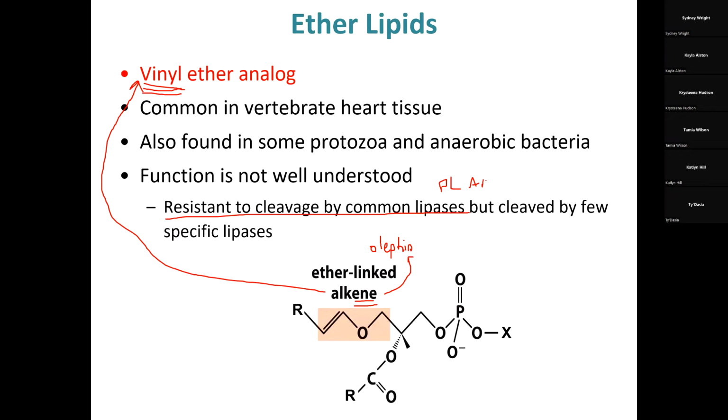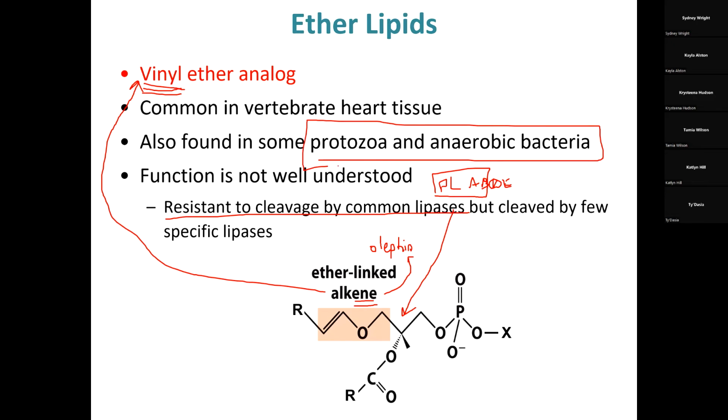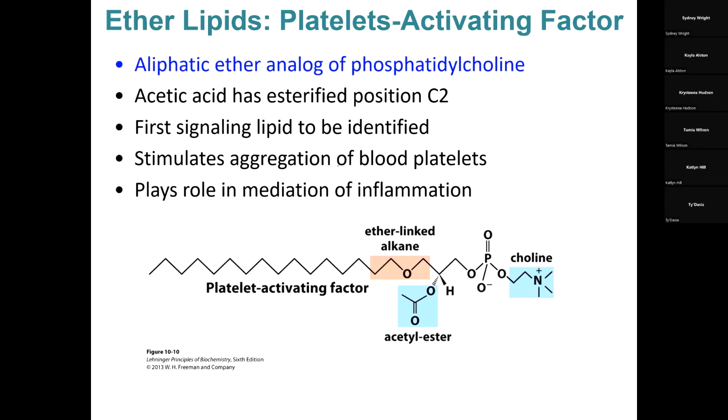We had the A, B, C, D, E. The A's and the B's will cleave here, and so these are resistant to most of the PLA and PLB phospholipases, which may be important to their function. We don't know. Found in a lot of bacteria, but also found in humans as a signaling molecule. It's platelet activating factor, sometimes called PAF.